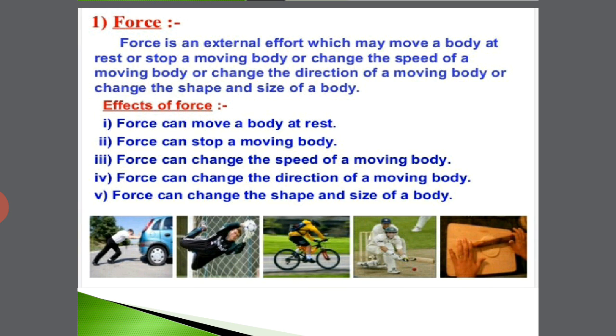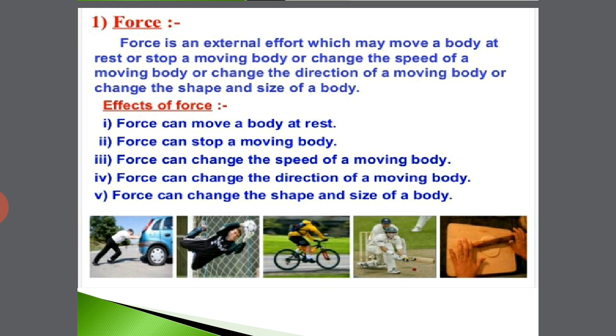Force can move a body at rest. In the first pic you can see a person applying force to move the car in the forward direction, from rest to motion. Force can stop a moving body. You can see a football goalkeeper trying to catch the ball, from motion to rest. Force can change the speed of a moving body.